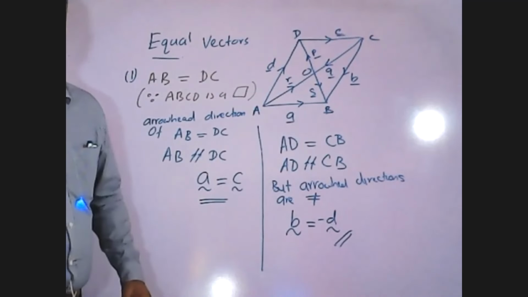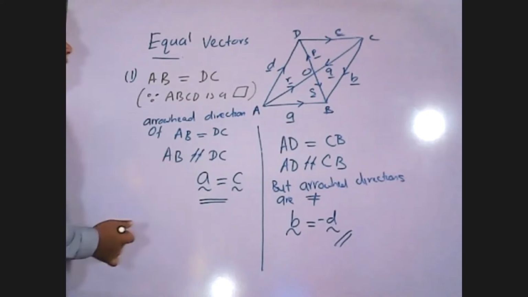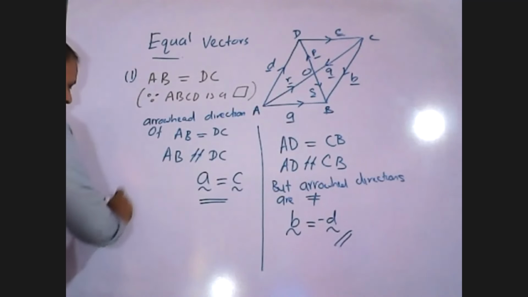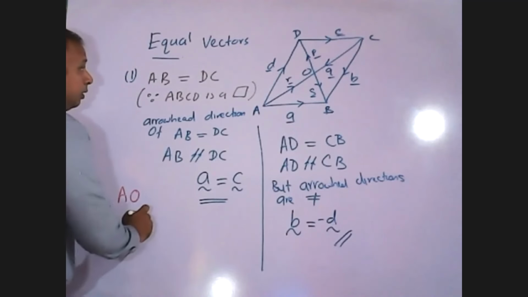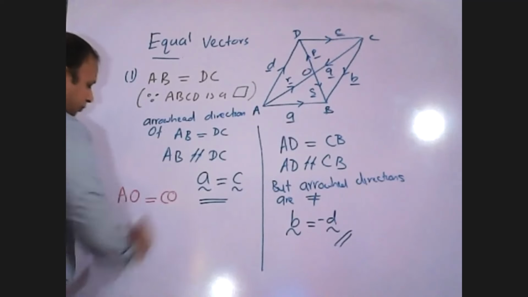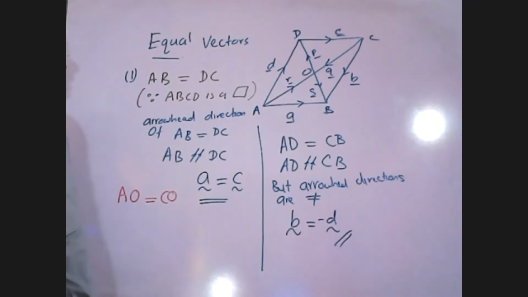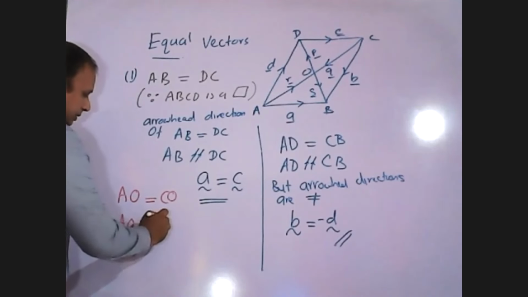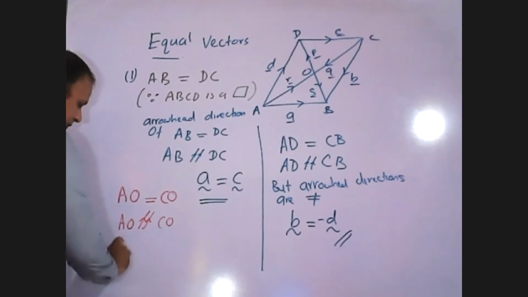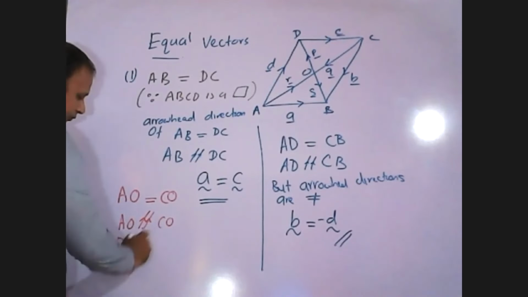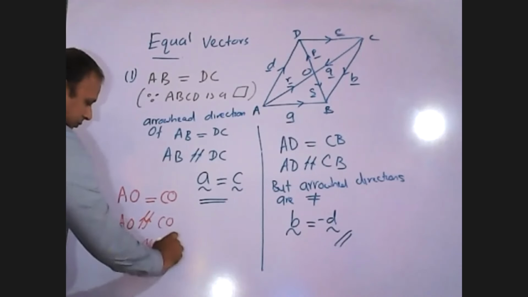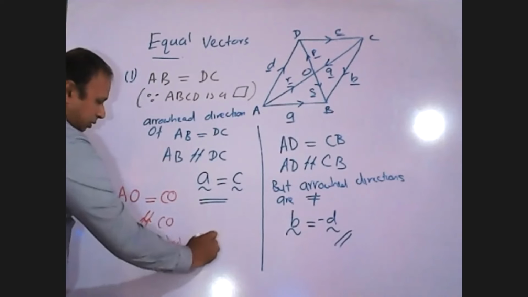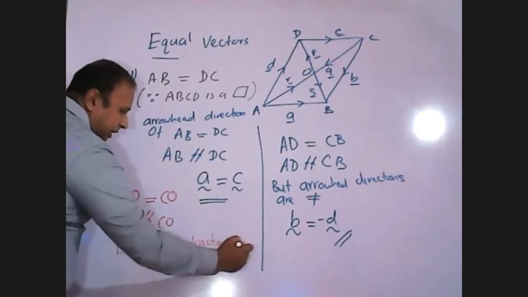The same kind of thing can be done comparing AO and CO. AO equals CO. Then we know those are in the same line, that means they are parallel, but the arrowhead directions are unequal.